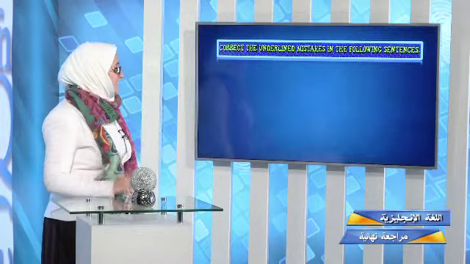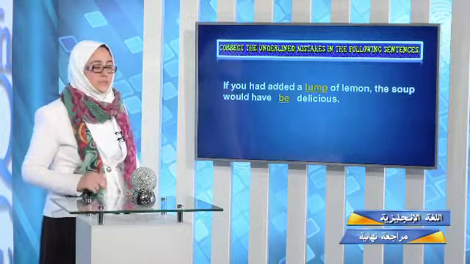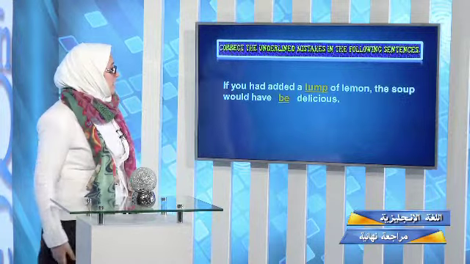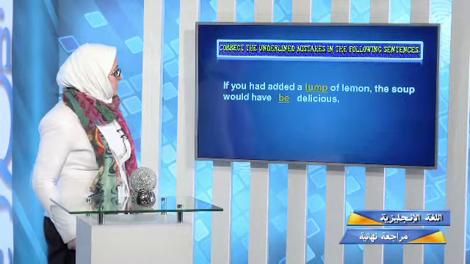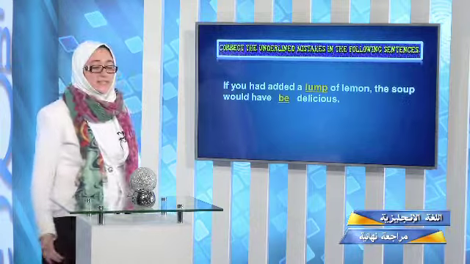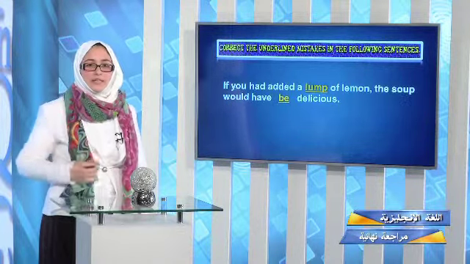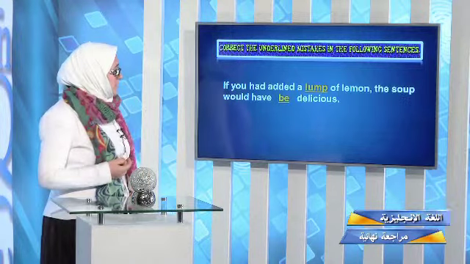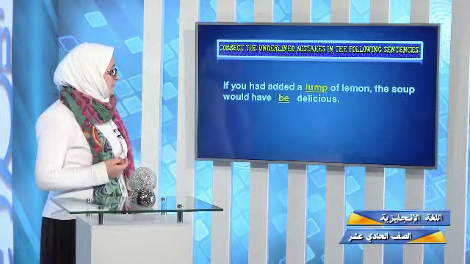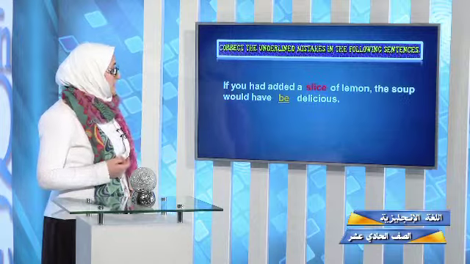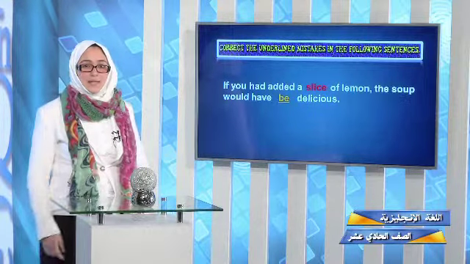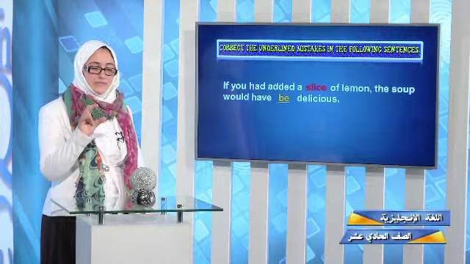Let's move on to the next sentence with two mistakes that we have to correct. If you had added a lump of lemon, the soup would have been delicious. Now, obviously, sometimes, even when you listen to a sentence that has mistakes, you can tell that it is incorrect. So the first one that we have to correct is "lump". And instead of it, we would put a slice of lemon, a small slice of lemon.